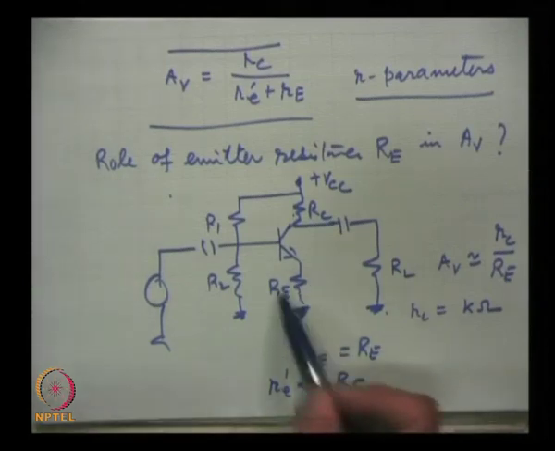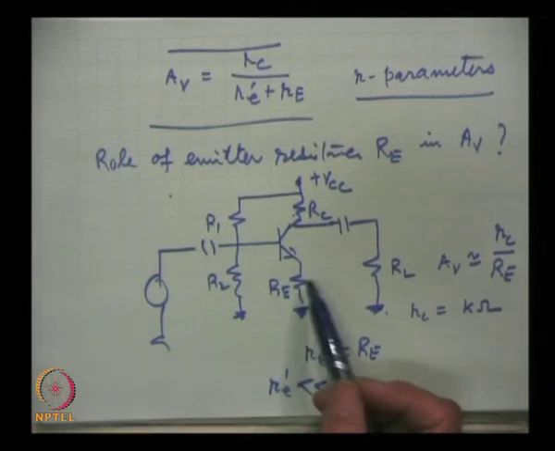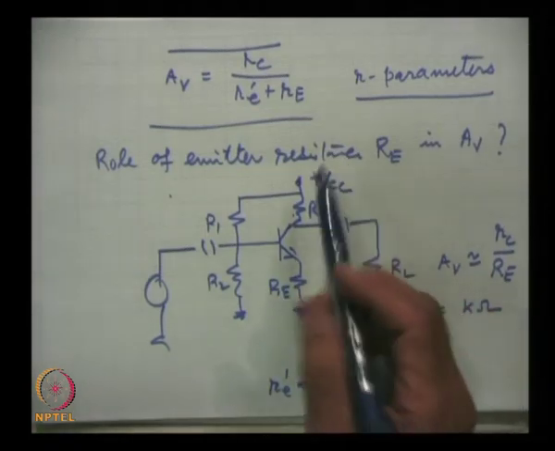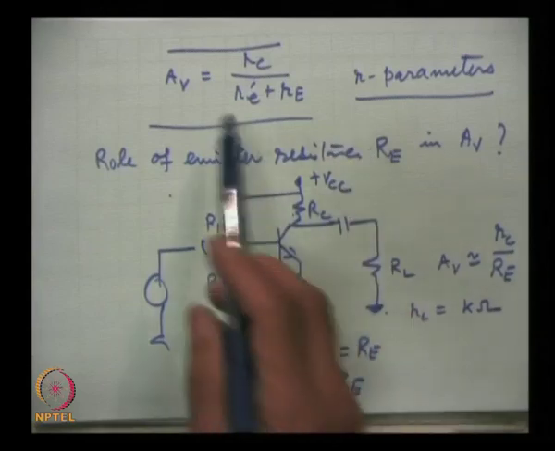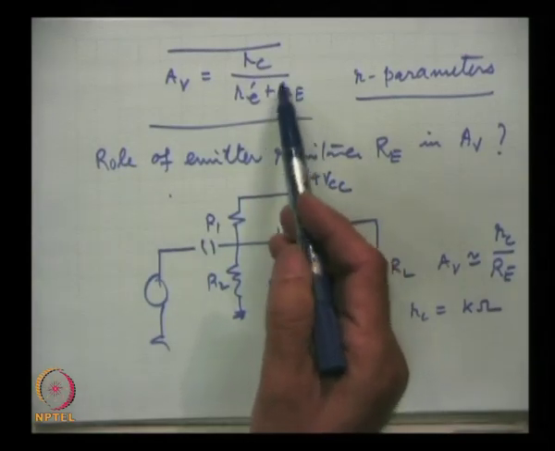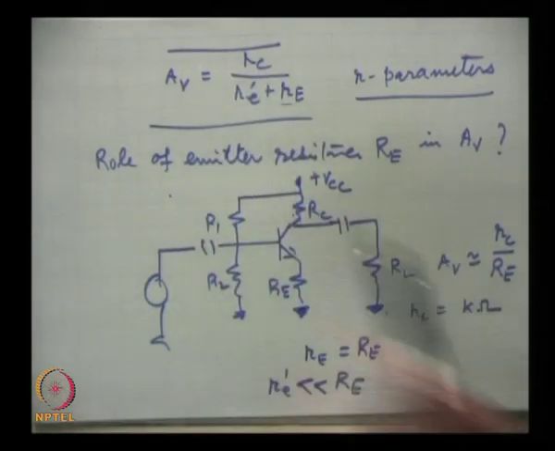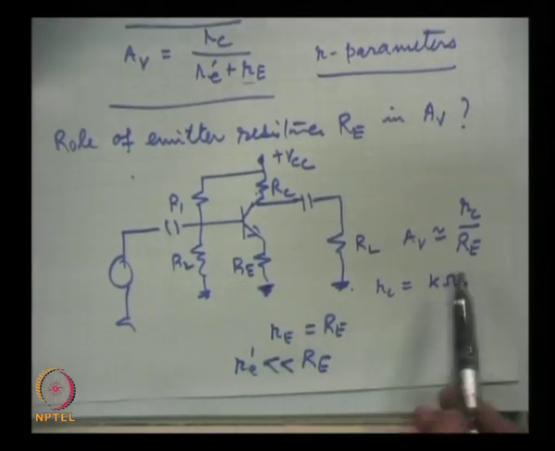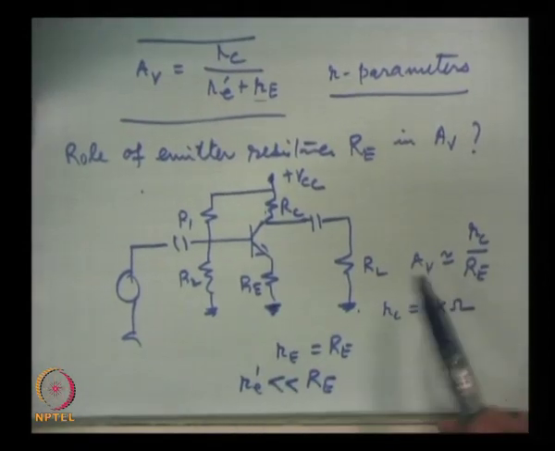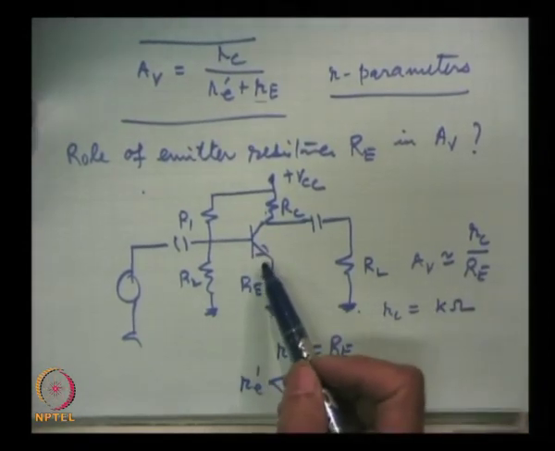But why do we use Re? If Re is made 0, then of course the gain will increase, and I will come to that. One important thing is that here we have made the voltage gain totally independent of Re prime.